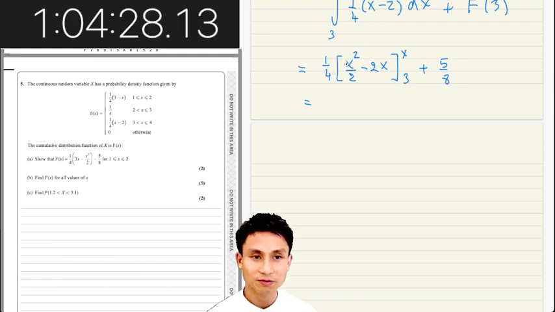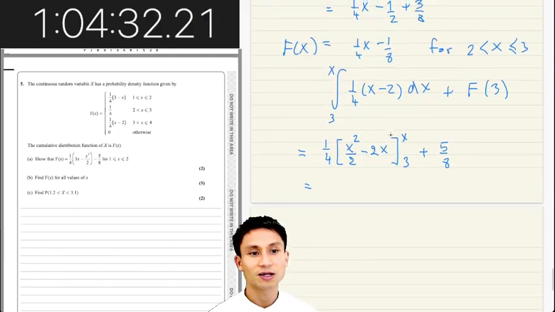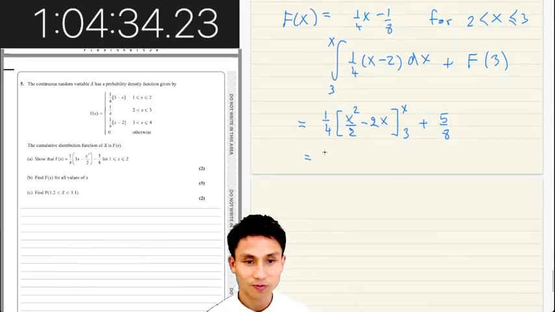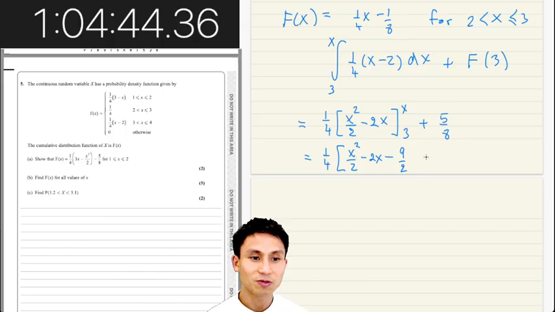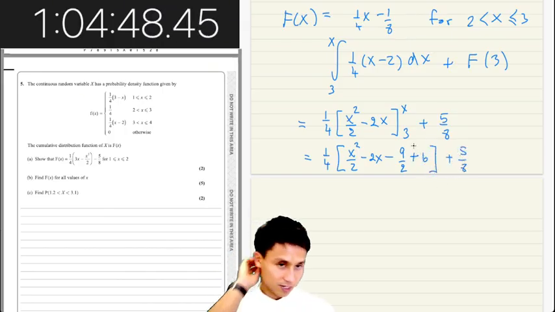So 1 over 4 times x squared over 2... wait, hang on, I need to sub 3 first. All right, so this is 1 over 4 times (x squared over 2 minus 2x), and then sub 3 in. So that would be minus 9 over 2. And minus minus is a plus, so plus 6 there. Okay?